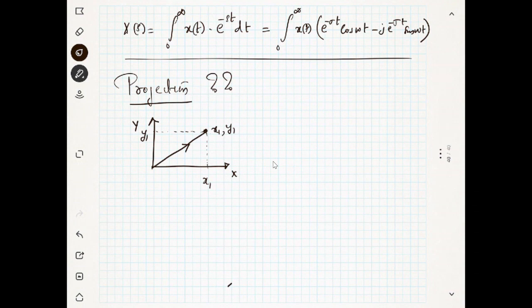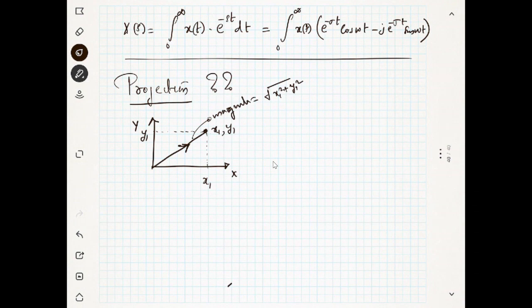So you are splitting a vector. A vector has a magnitude. What is the magnitude of this vector? Can you tell me? It is the square root of x1 square plus y1 square. Pythagoras. It's clear? Yes, sir.